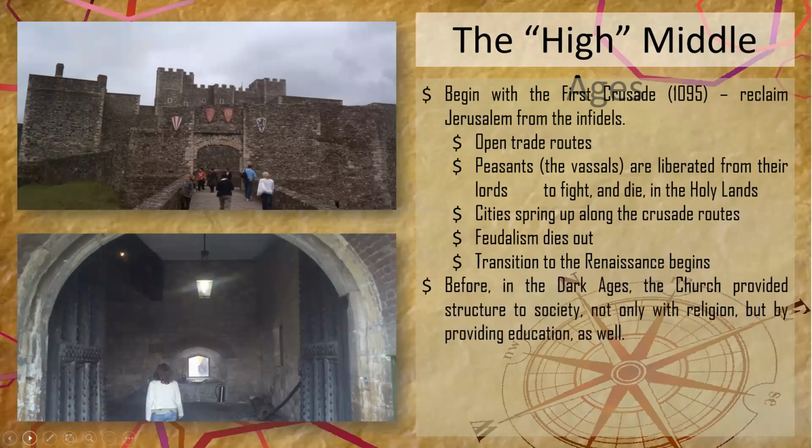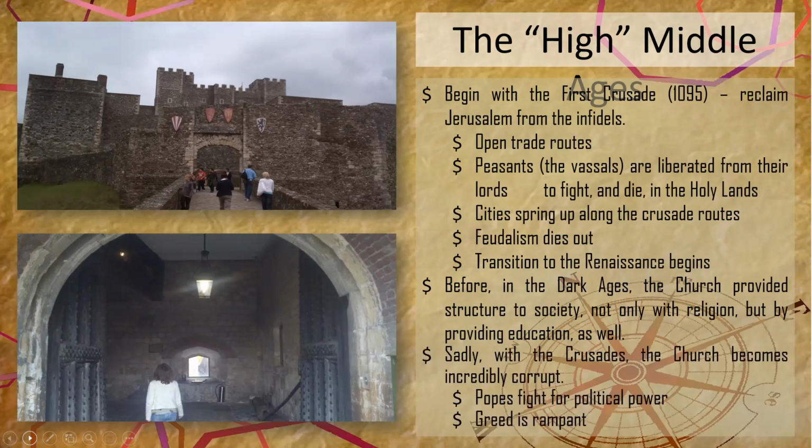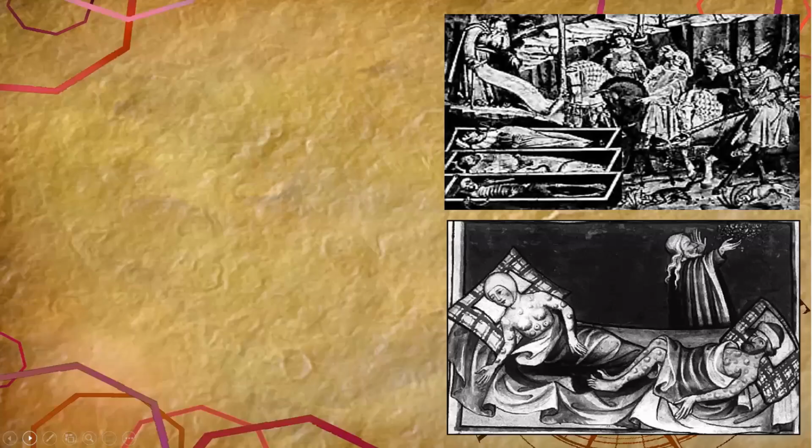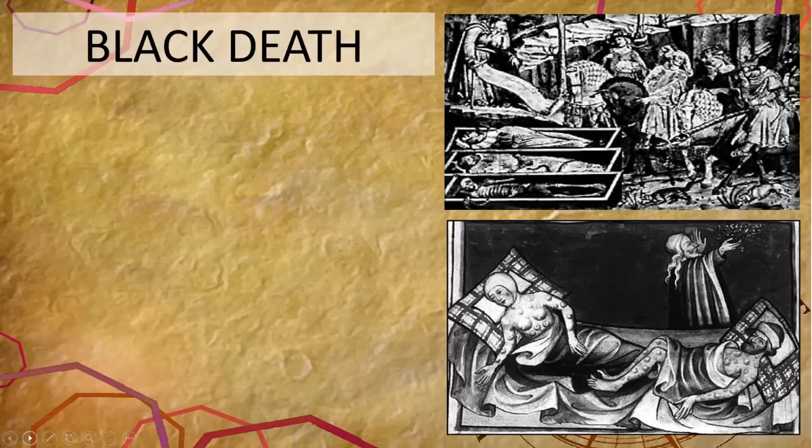Before, in the Dark Ages, the church provided structure to the society, not only with religion, but by providing education as well. Sadly, with the Crusades, the church has become incredibly corrupt. Right? Popes fight for political power. Greed is rampant. So this is the characteristic of the Middle Ages.